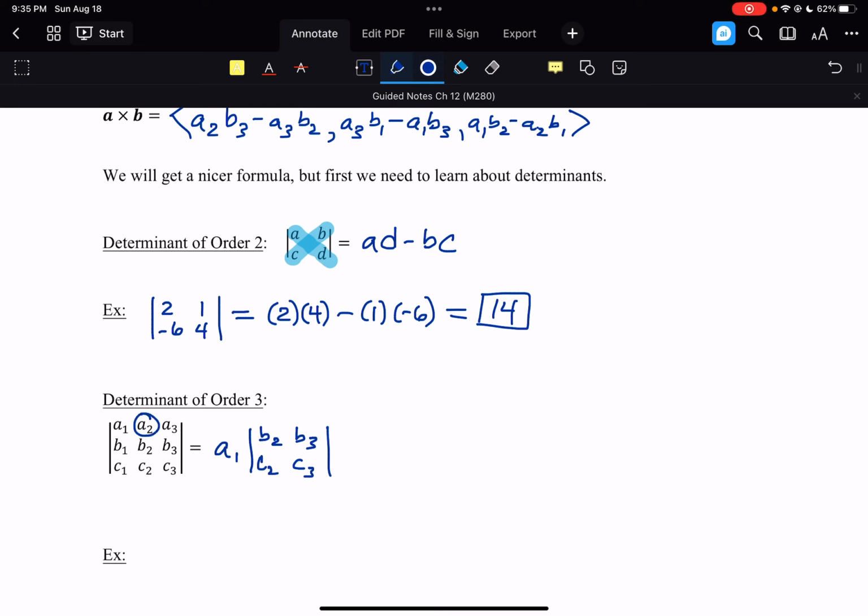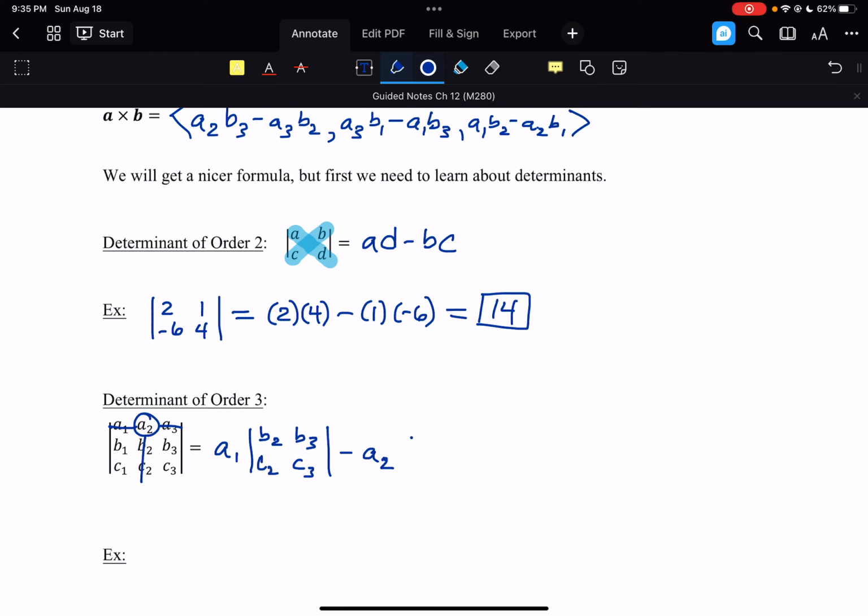Then we move on to A2. We block off its row and its column. Now, there's a little catch here. It's not going to be plus A2, it's actually going to be minus A2. So it goes plus, minus, plus. It alternates like that. There is a reason for that mathematically, but it goes a little beyond what we're going to be studying here.